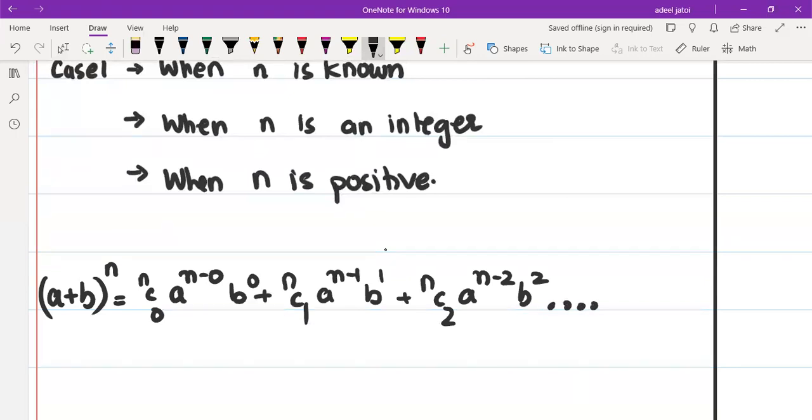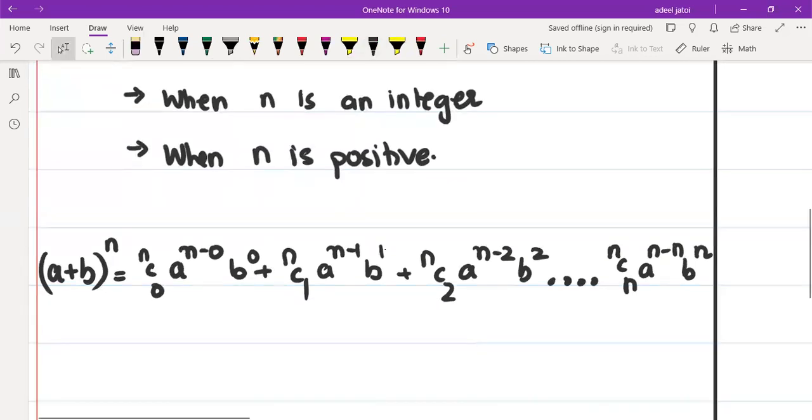And this thing goes up to nCn a^(n-n) b^n.